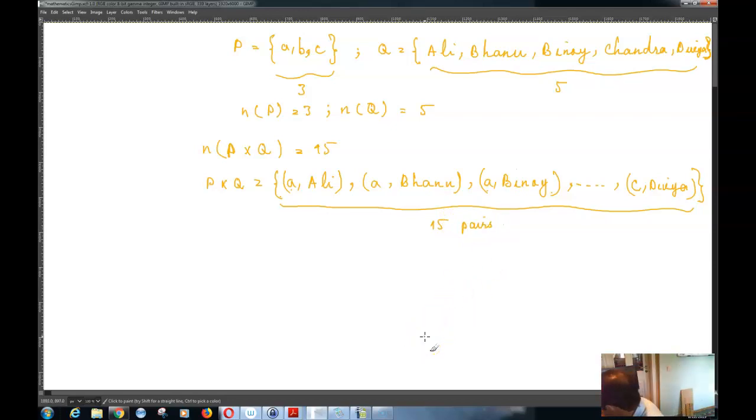Now you need to pay attention to this example, so that you understand what a relation is, and then based on that you will understand what a function is.